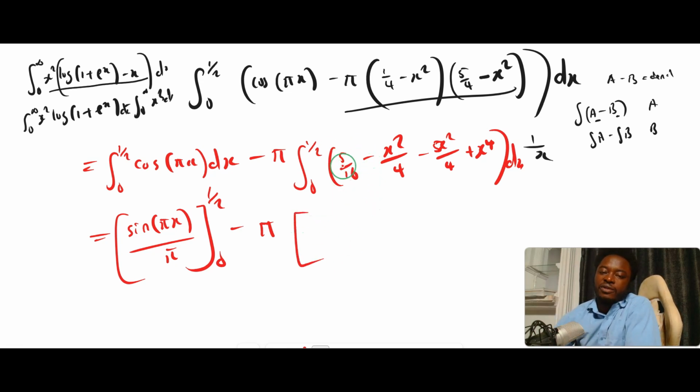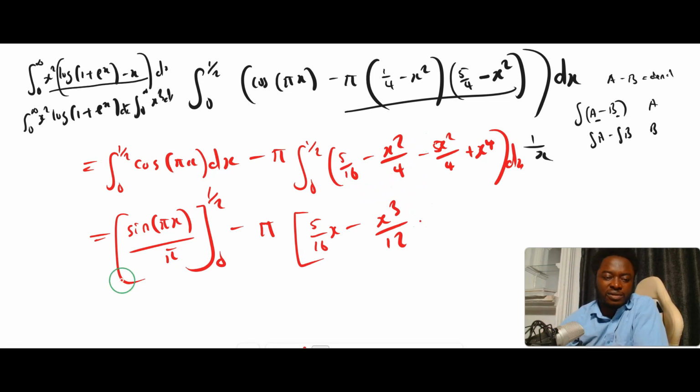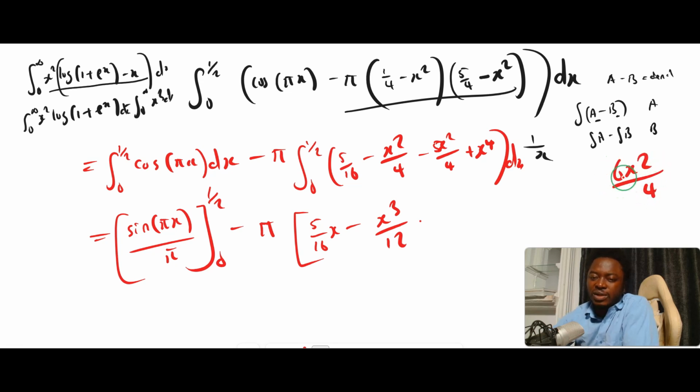So first of all, this would be 5 over 16 x minus x to the 3rd over 12. We have to combine them first though. If we combine the x squared terms, that will be 6x squared over 4, so that will be minus 6x to the 3rd over 12, because 5 plus 1 is 6, and they have the same denominator.